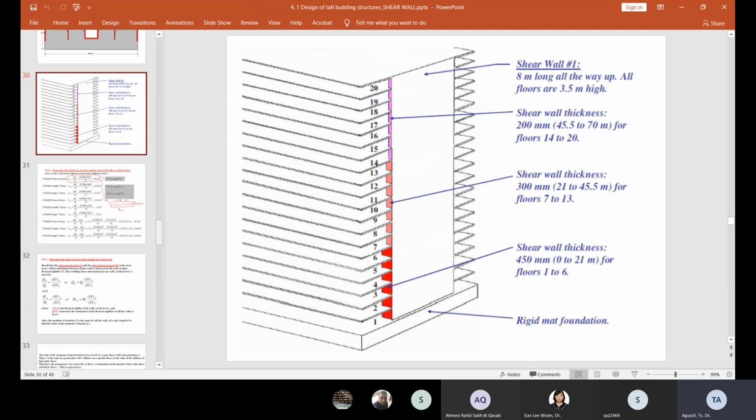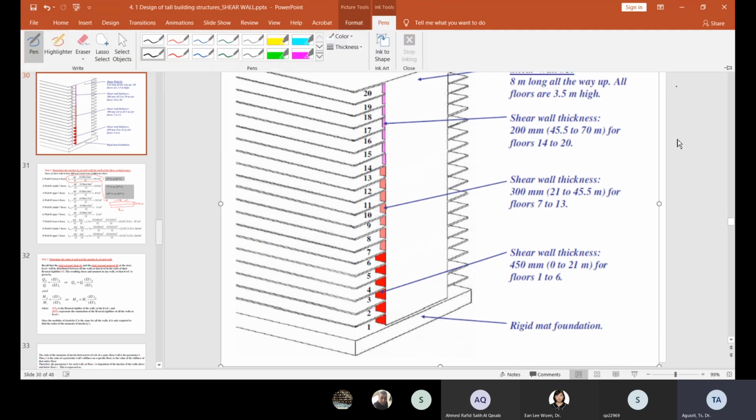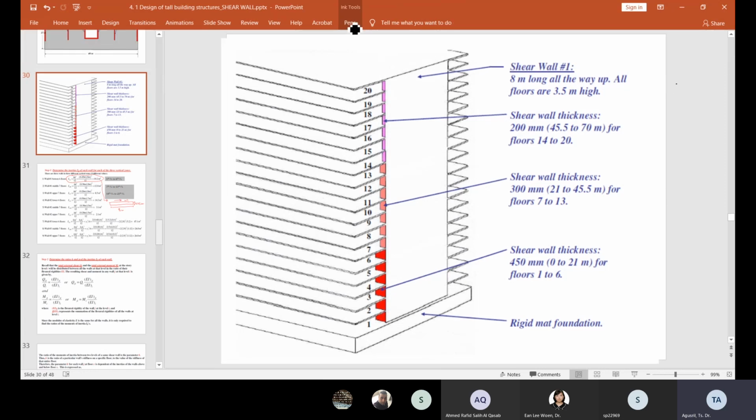You can see the thickness of this wall is 450 mm.